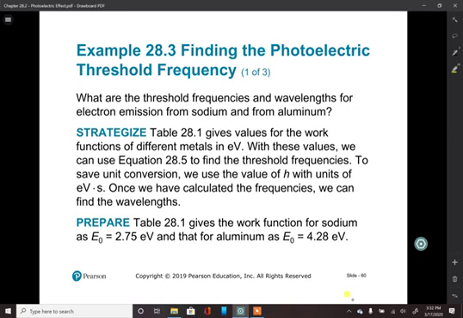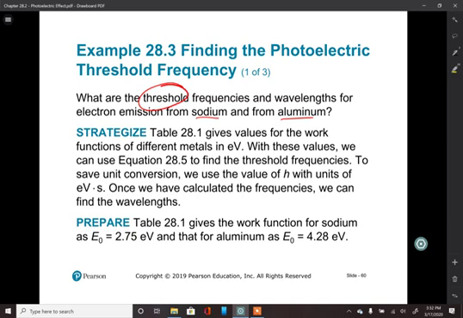So in this statement, this word threshold is very important. That's the minimum amount of energy necessary for the photoelectric effect to happen at all. And we care about it for sodium and aluminum, so two separate problems. When I see the word threshold, that basically means there is no energy left over as kinetic energy.